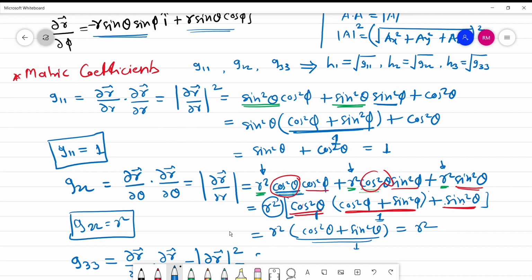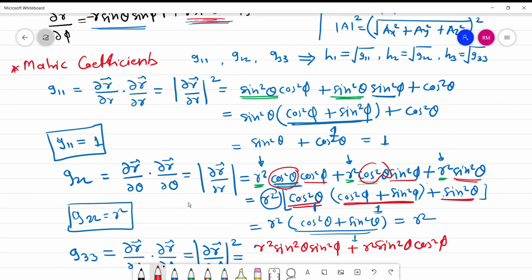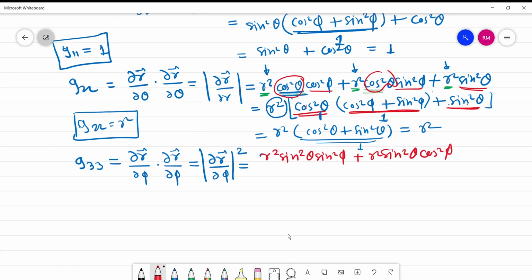It will look like sine squared theta sine squared phi, and then plus r squared sine squared theta cos squared phi. I am taking the square of that. So this is what we have got, and let us see what we can take common.